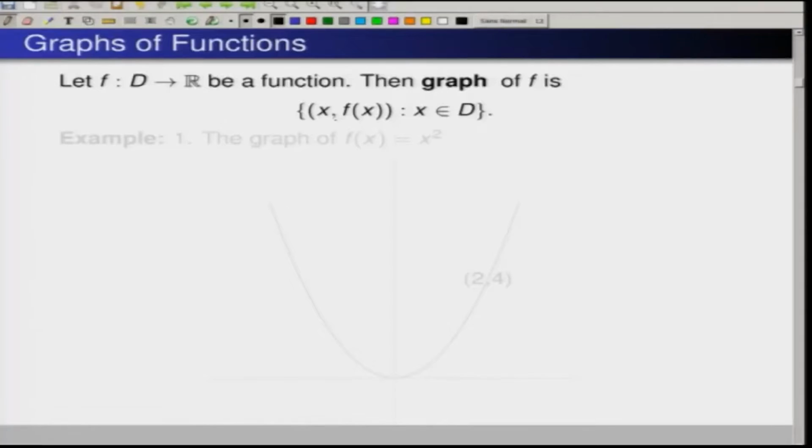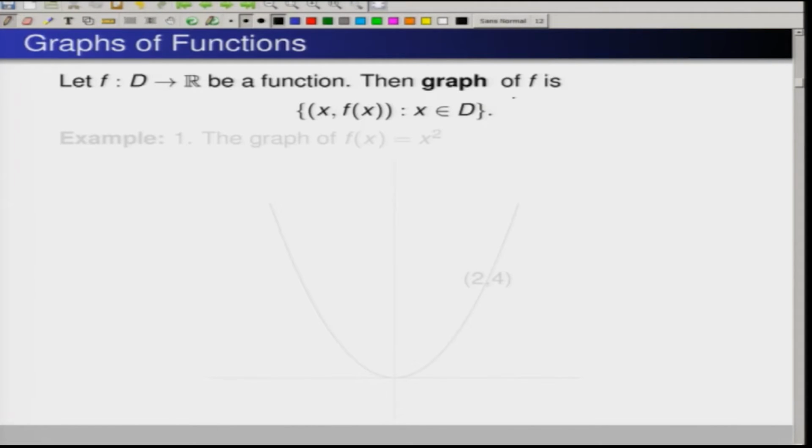Then the graph of this function f is defined by the pairs (x, f(x)). Given one x in D, there is an f(x). This ordered pair (x, f(x)) is called the graph of the function, and this set is in the plane, since (x, f(x)) is an element of the plane.